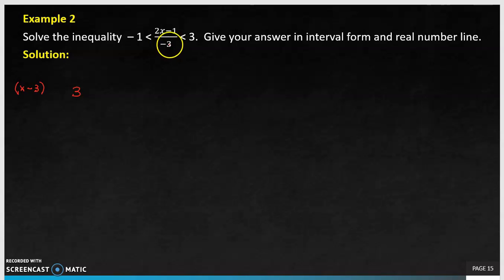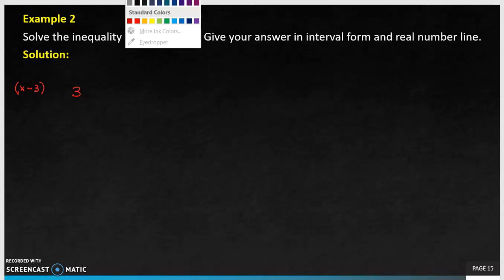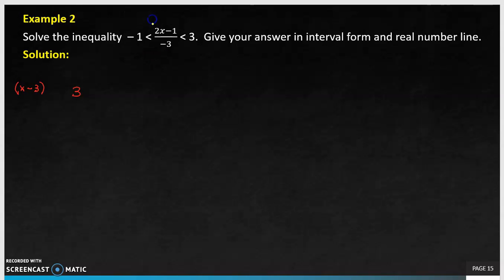Remember that if we multiply by a negative value, here -3, on the left and right hand side, the inequality sign will change, meaning from less than it now becomes greater than. Why? Because we are multiplying by a negative value.